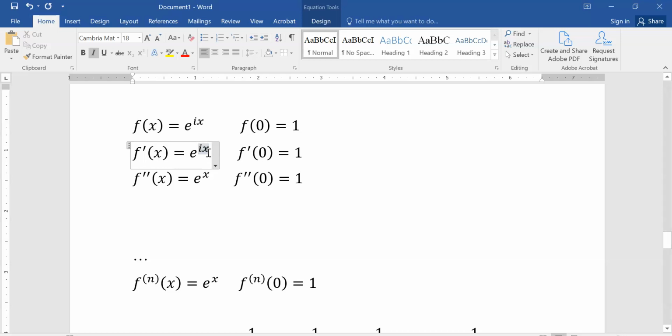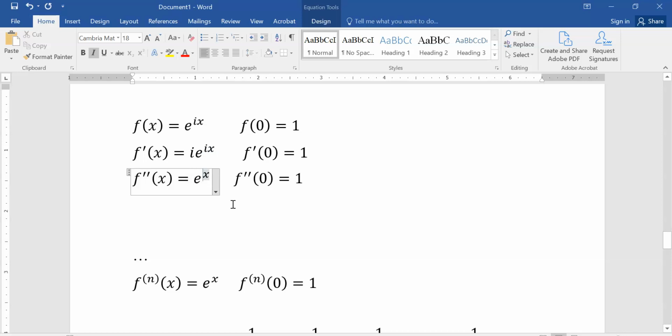The derivative of i times x is simply i. By the way, we're talking about, again, the imaginary number i. Obviously, we've dealt with everything so far using real numbers, but imaginary numbers, complex numbers, are fine to deal with as well.